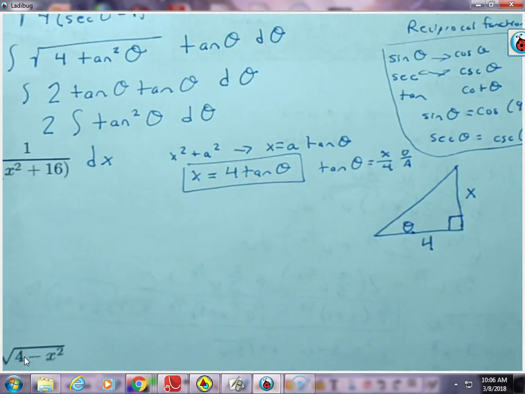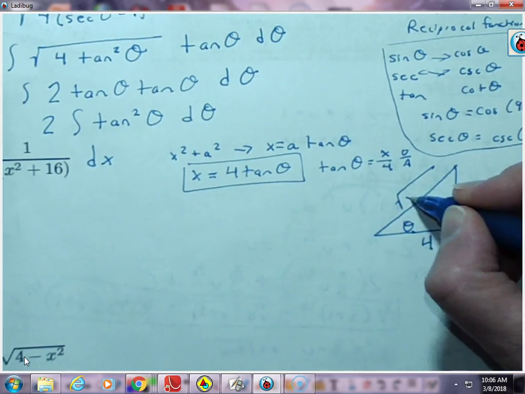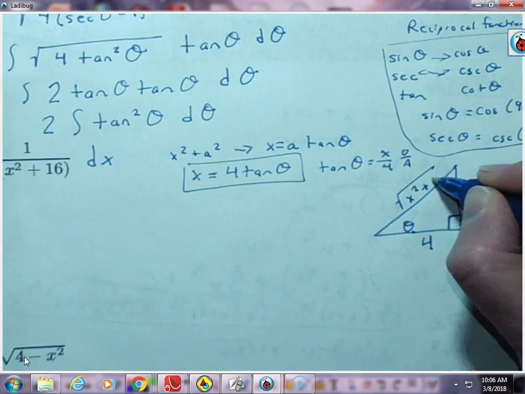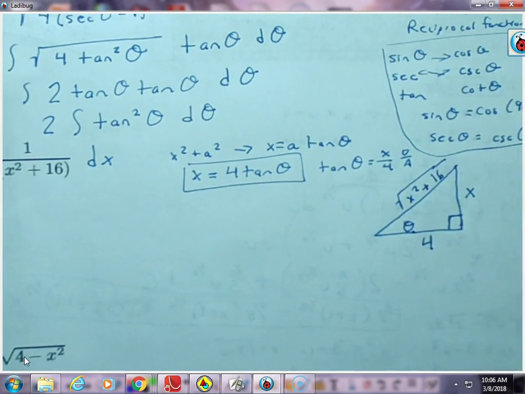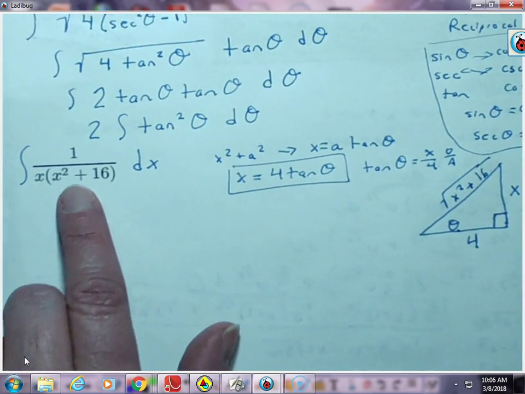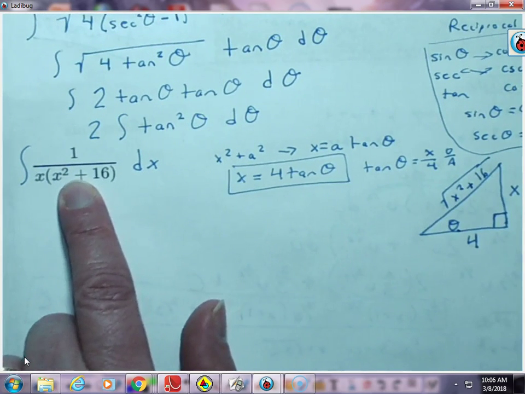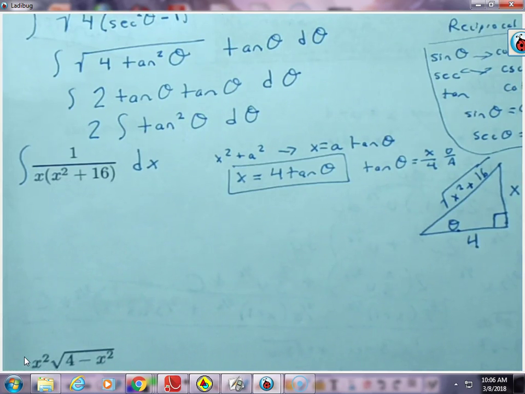What do you think the hypotenuse will be? That's kind of over here. It makes me feel good, like I'm on the right track if some portion of that's back in there.